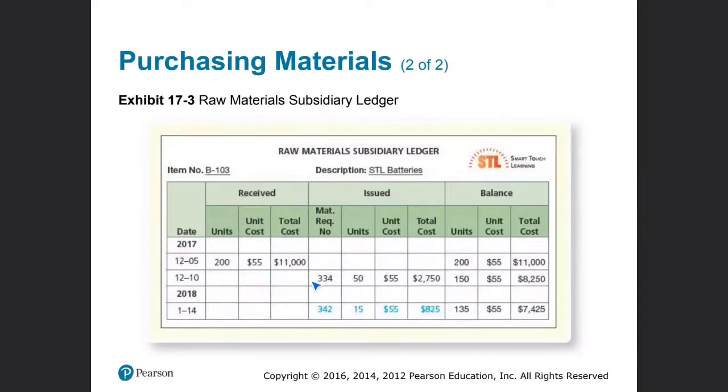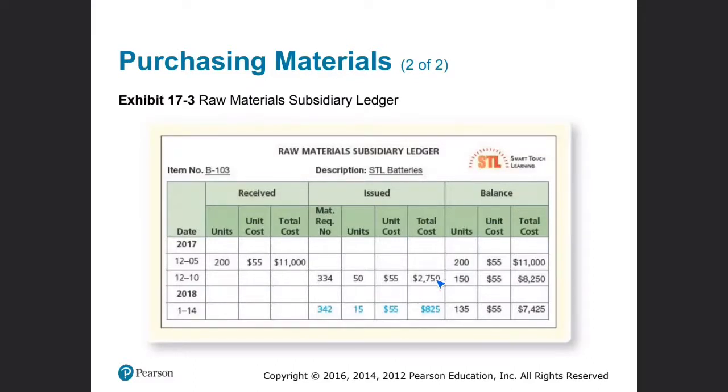In this example, the requisition number is 334. So we're going to put that on this ledger. The number of units that we gave them was 50 units. The unit cost, $55. The total cost, that was our units times the unit cost, equals the $2,750.